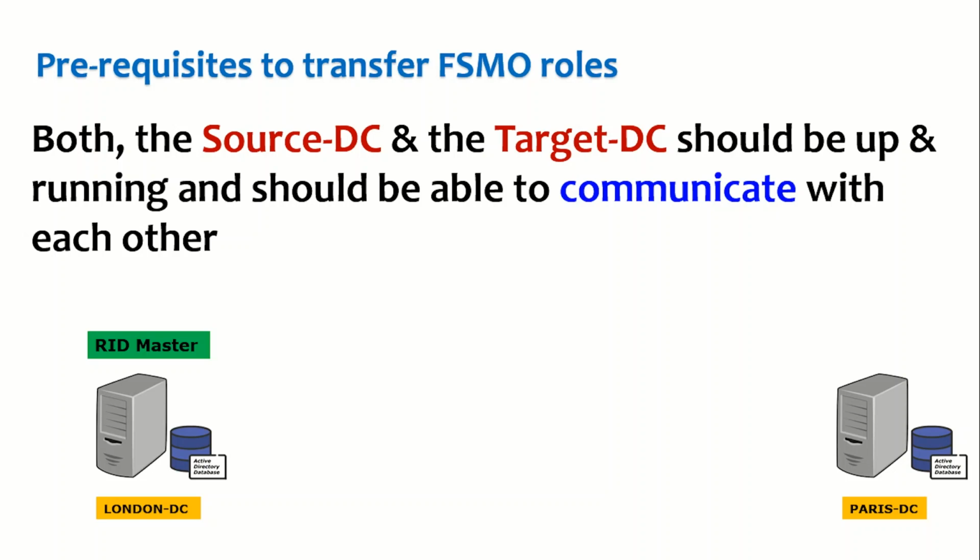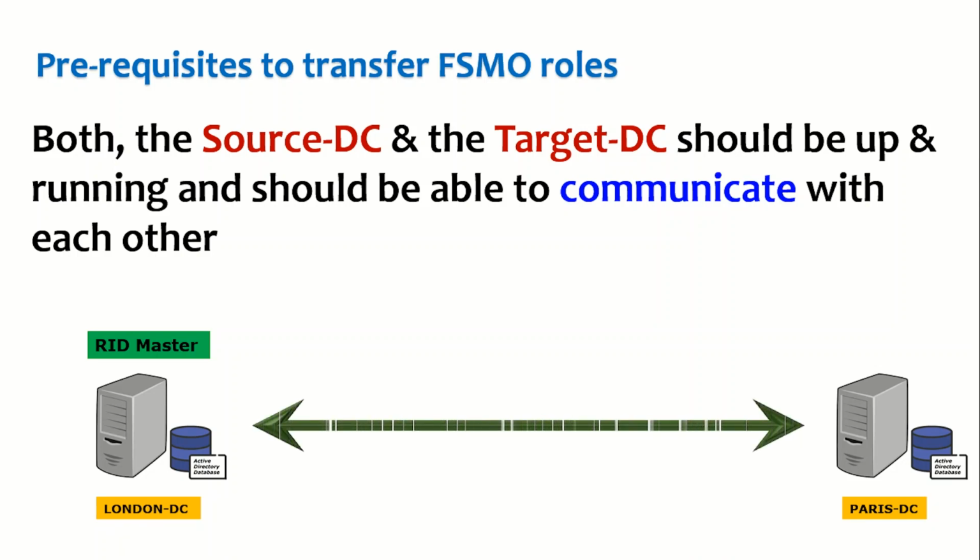London DC is the source and Paris DC is our target. Both these domain controllers should be up and running, and the second prerequisite is they should be able to talk with each other, with proper communication between them. Then and only then will we be able to transfer any FSMO role from one domain controller to the other domain controller.